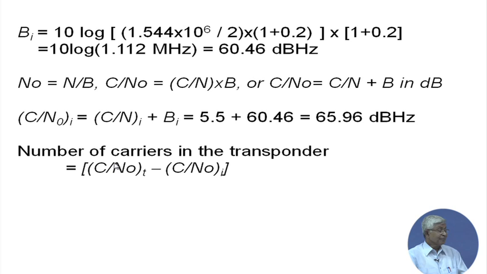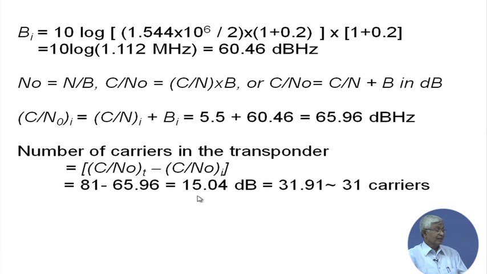So, therefore, the number of carriers: now we have total C/N0 specified and individual C/N0 we have got. So, in dB it is subtracted and we get a number like 15.04 dB, which converted into a ratio we get 31.91 carriers, which is the maximum that is possible based on the total C/N0 that is available. So, 31.91 is the maximum possible.